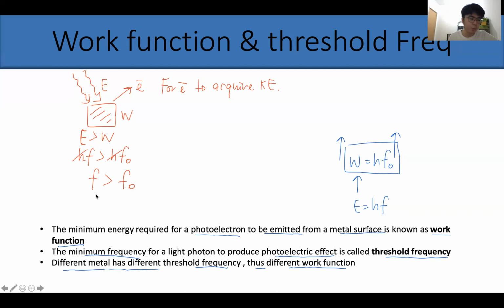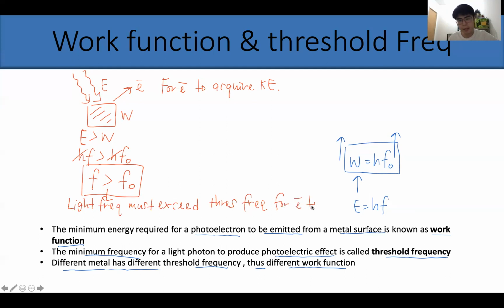The frequency of the wave must be bigger than the threshold frequency. So we can say the light frequency must exceed the threshold frequency for electrons to have kinetic energy.